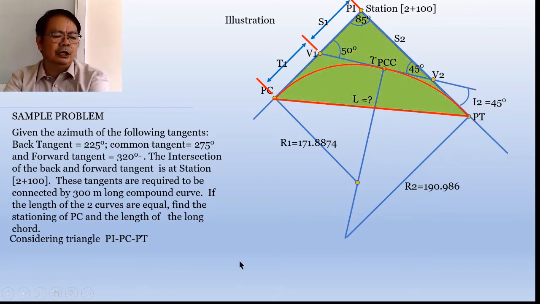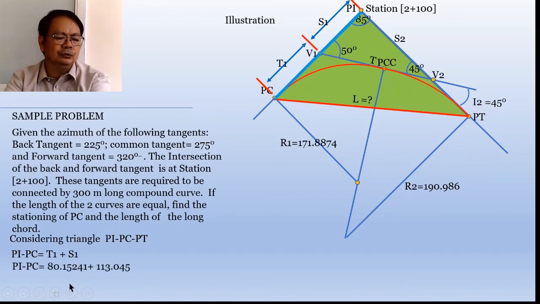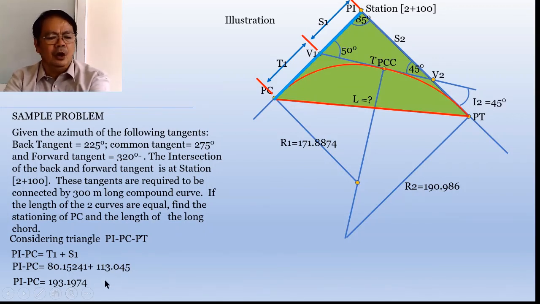In the triangle, you will notice that two sides are already known. The distance from PI to PC is the sum of T1 and S sub 1, which is equal to 80.15241 plus 113.045, and that gives us a value of 193.1974. The distance from PI to PT is the sum of S sub 2 and T sub 2.